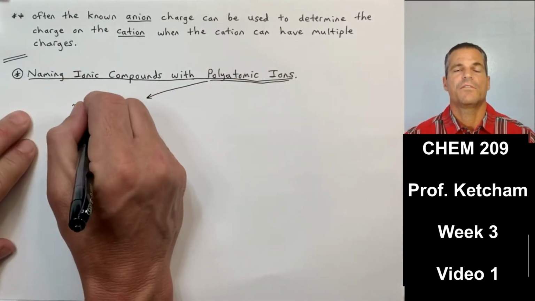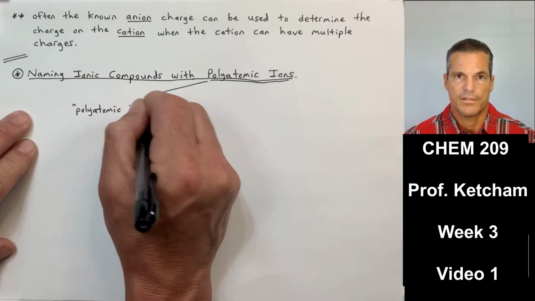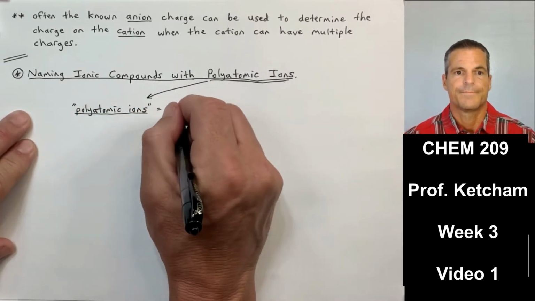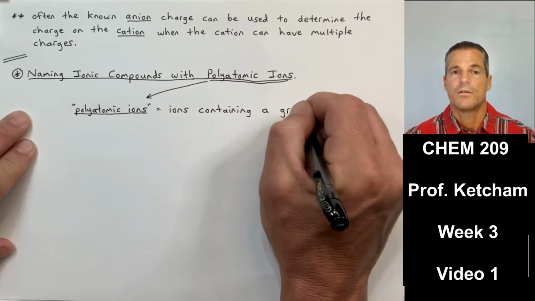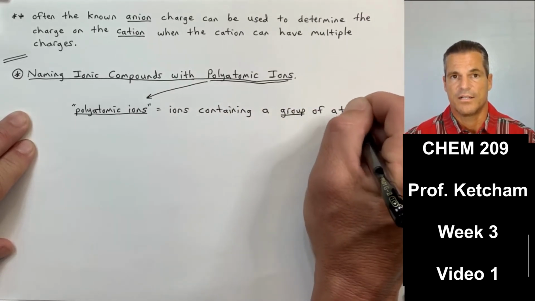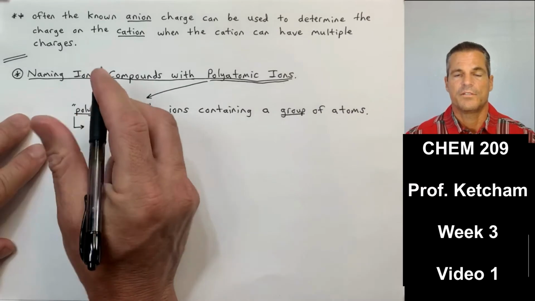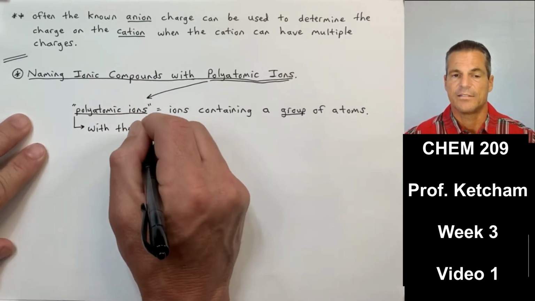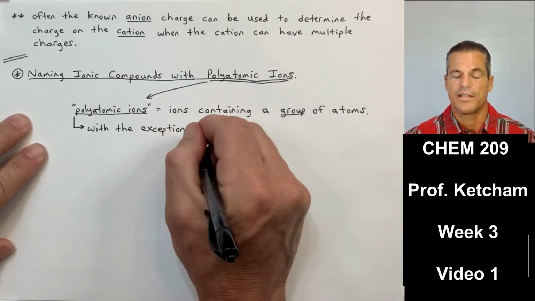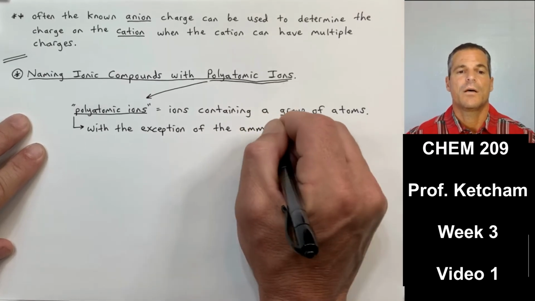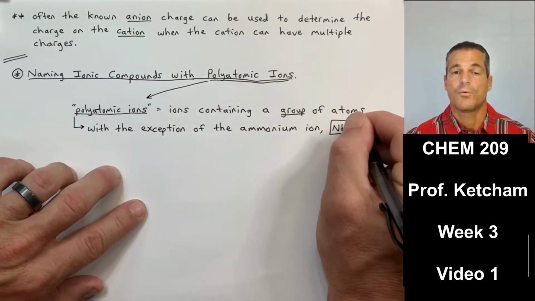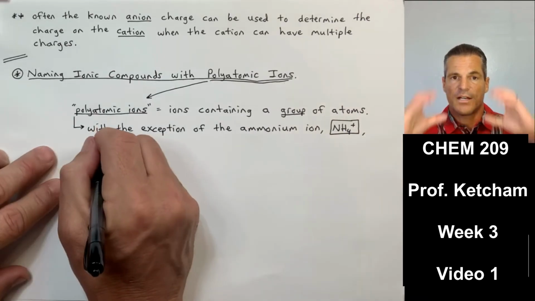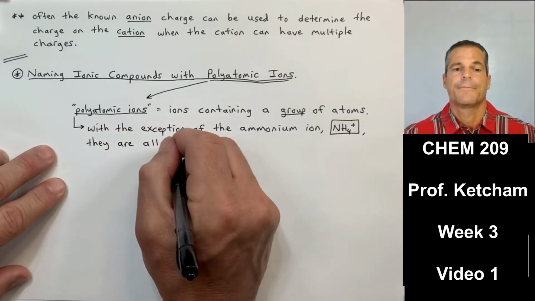All right, so that's it for naming binary ionic compounds with 2 elements. Now we're going to talk about naming ionic compounds with polyatomic ions. For the most part, these are polyatomic anions, except for one, and we'll get to this. So polyatomic ions are ions containing a group of atoms, kind of like a chunk that we keep together.